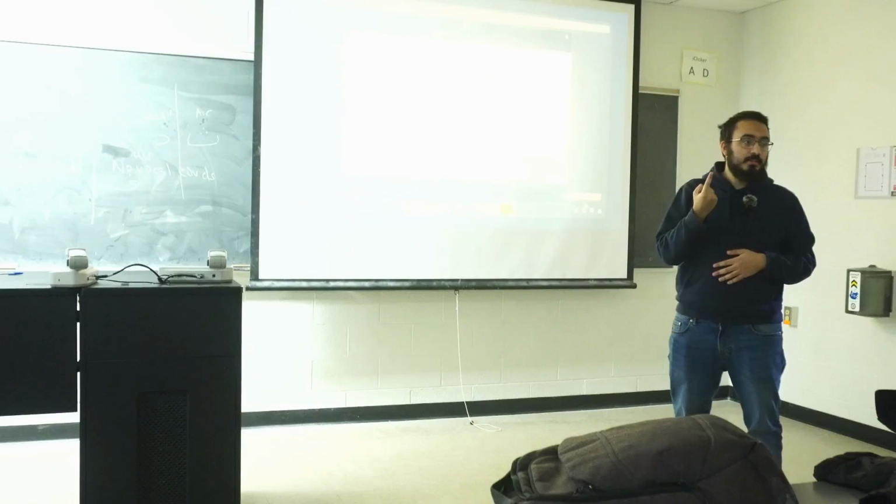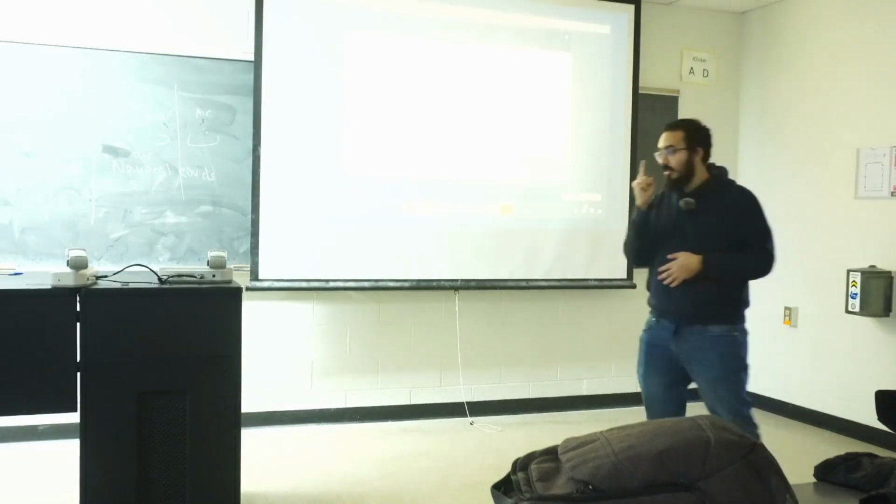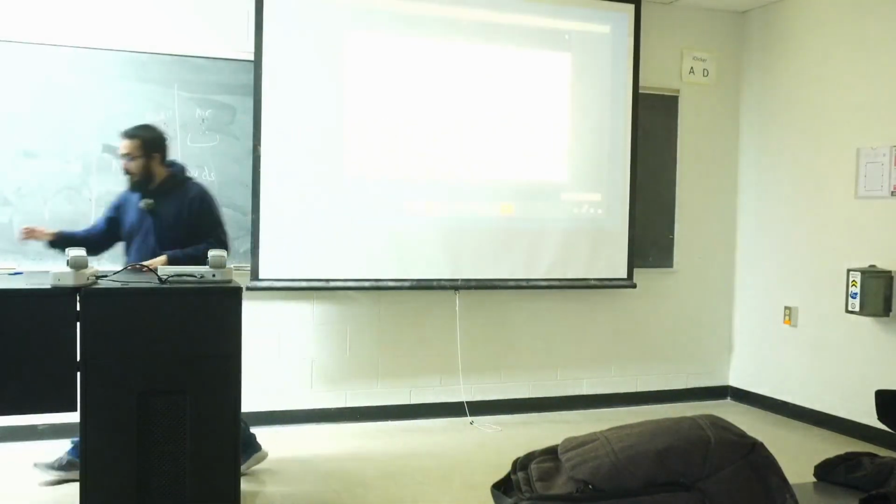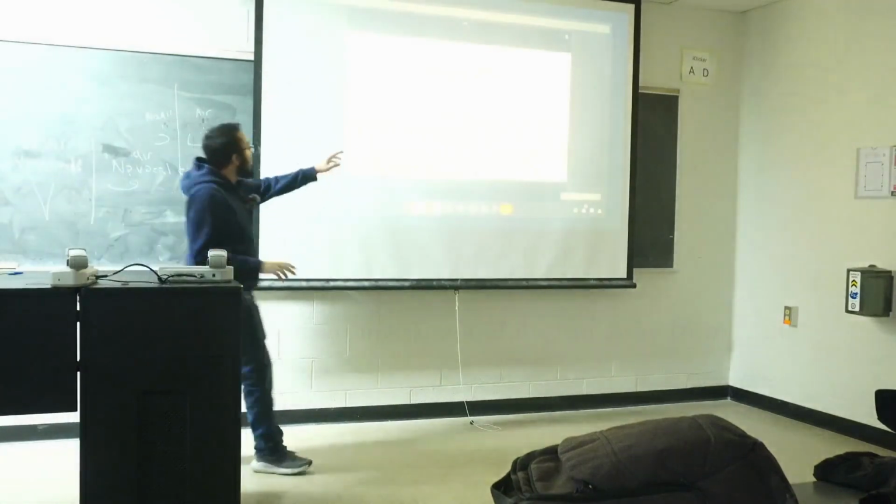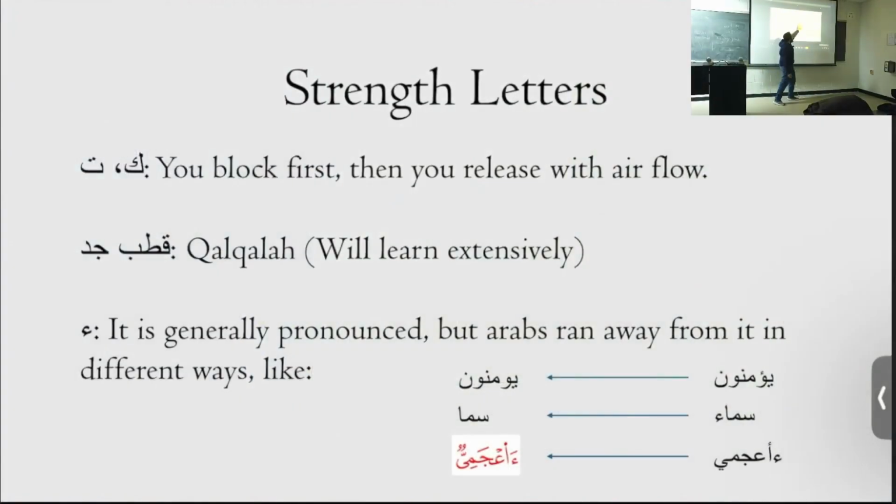Then there's this one. So kaf and ta, block first, release with air. Nice. Qutb jad qalqal. That one, Hamza. Sama. You do it like that, as far as I know, obviously.